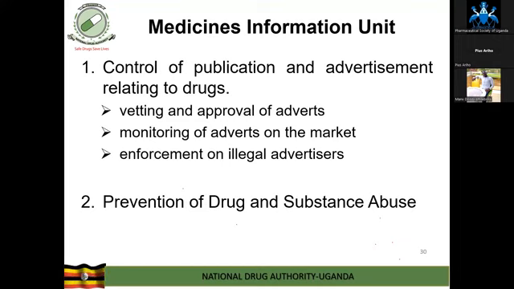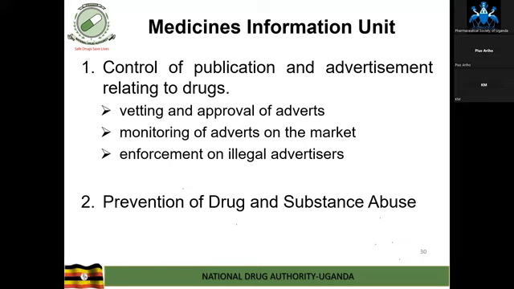The main activities here are vetting and approval of the adverts, monitoring of the adverts on the market, and then enforcement. So what happens is this: every advert that goes out relating to drugs, that can be a poster, a flyer, a billboard, an audio or radio advert, anything that provides descriptive matter about a drug has to be approved by NDA.